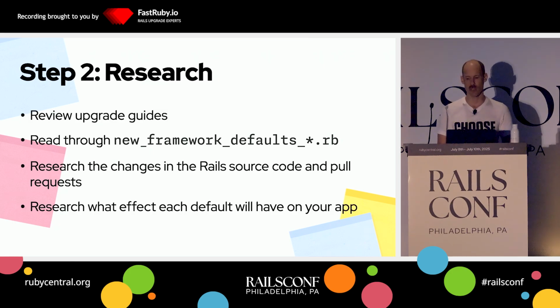And once you have that, you can research in your app what kind of effect it's going to have. For example, one of the Rails upgrades changed a bunch of defaults related to active storage. Well, our application at Donut doesn't use active storage. So win. I don't have to worry so much about those defaults.